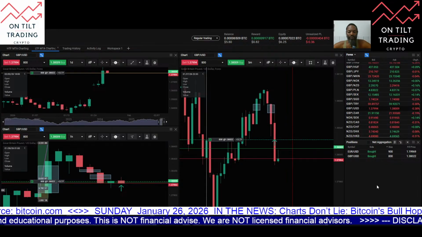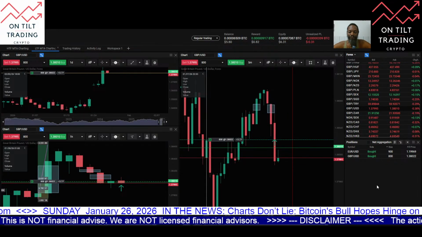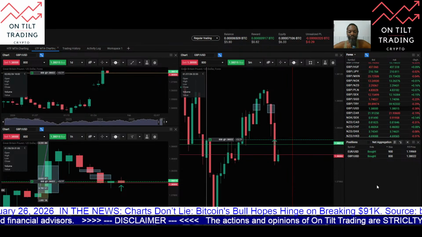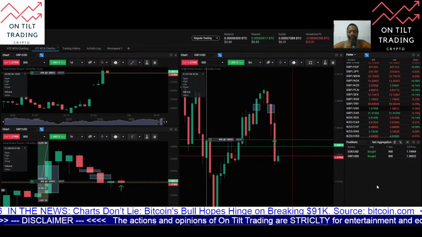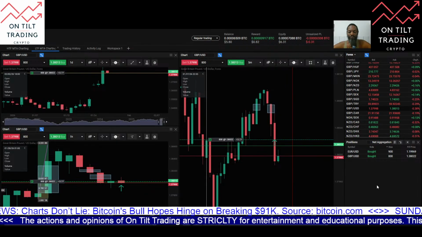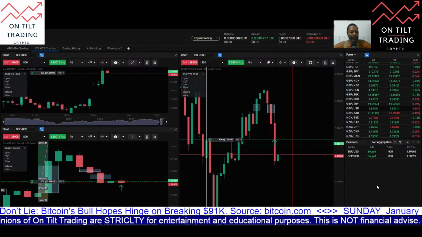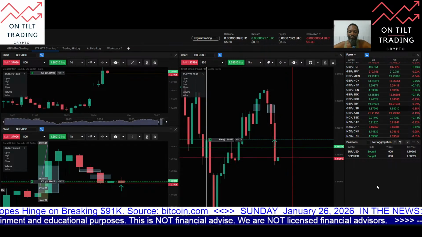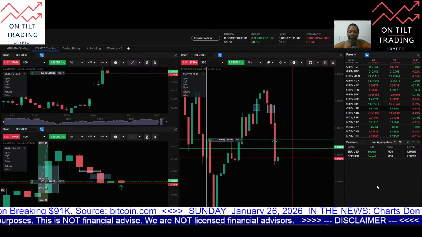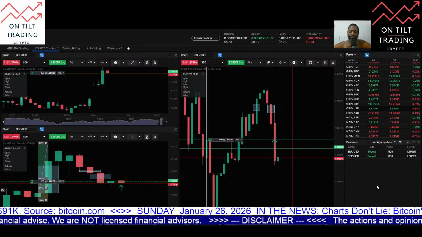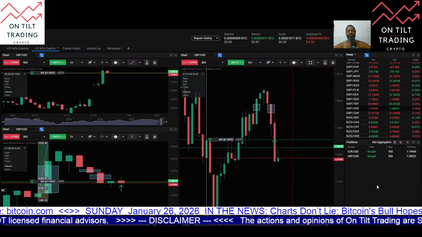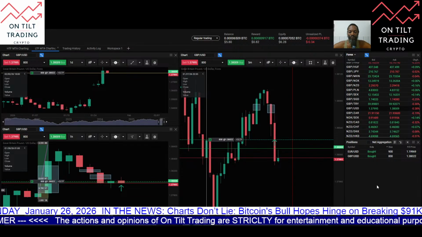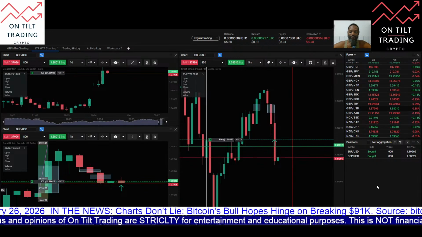Price action still trading below both entries, seeing some consolidation. So I'll get an idea how effective OTE is here in the Asian session.